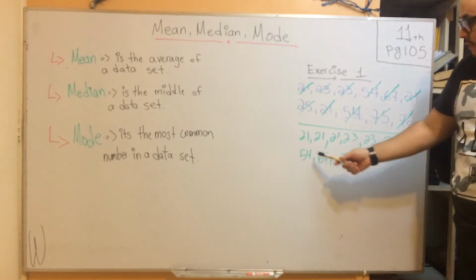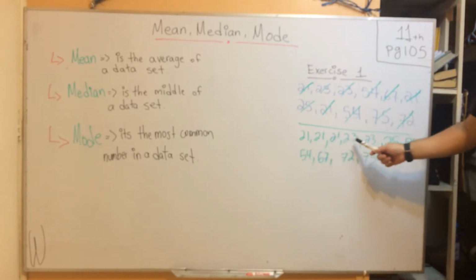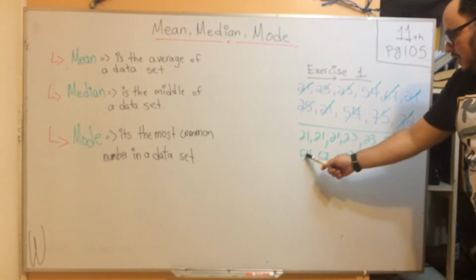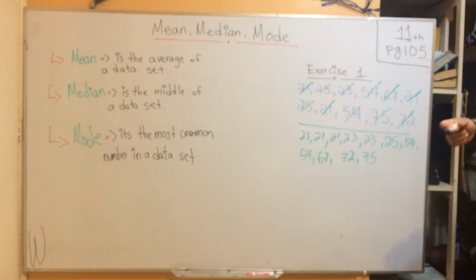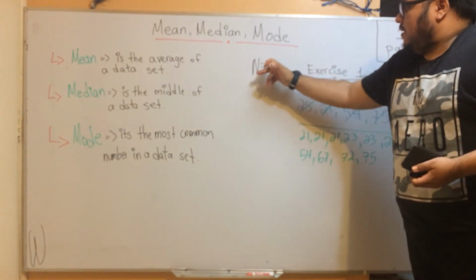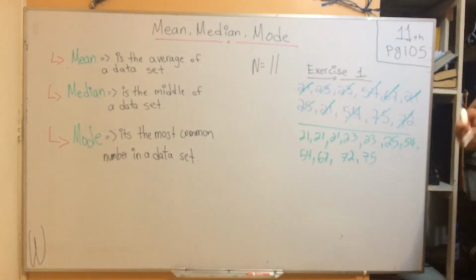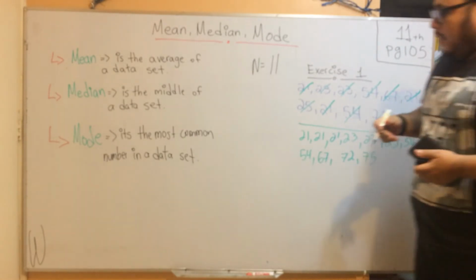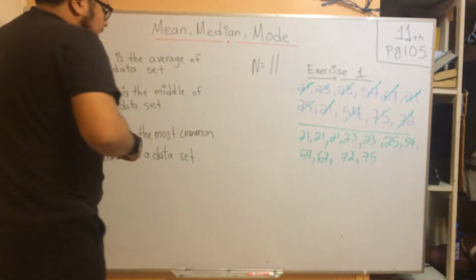So how many numbers do we have? 1, 2, 3, 4, 5, 6, 7, 8, 9, 10, 11. We have 11 numbers.